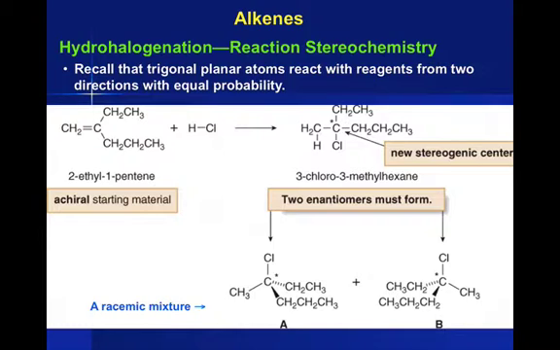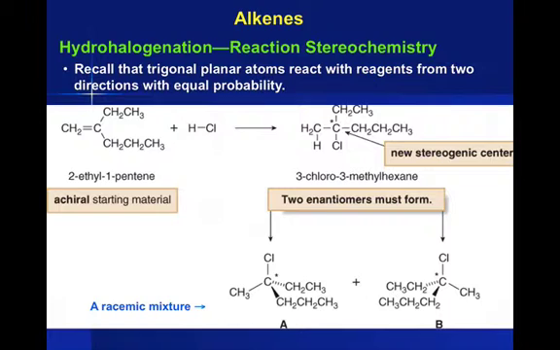Carbon number 1 or carbon number 2? The hydrogen goes to carbon number 1 because of Markovnikov's rule. That's right. The chlorine's going to go where? Carbon number 2. Notice in adding that chlorine to carbon number 2, what did we just generate? A chiral center. So we should be able to have both R and S enantiomers, right?